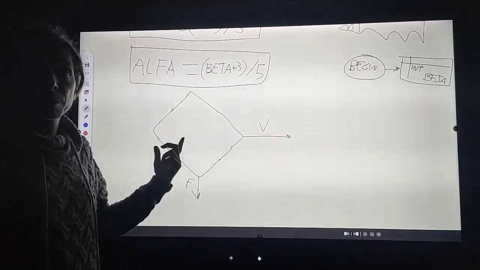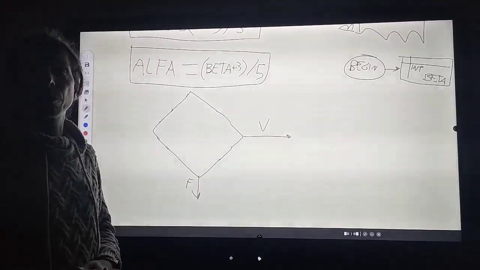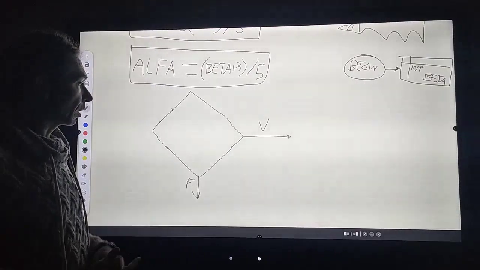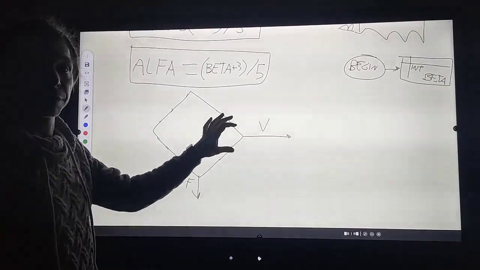The question I can put inside the rhomb is just a comparison between the thing on the left and the thing on the right.